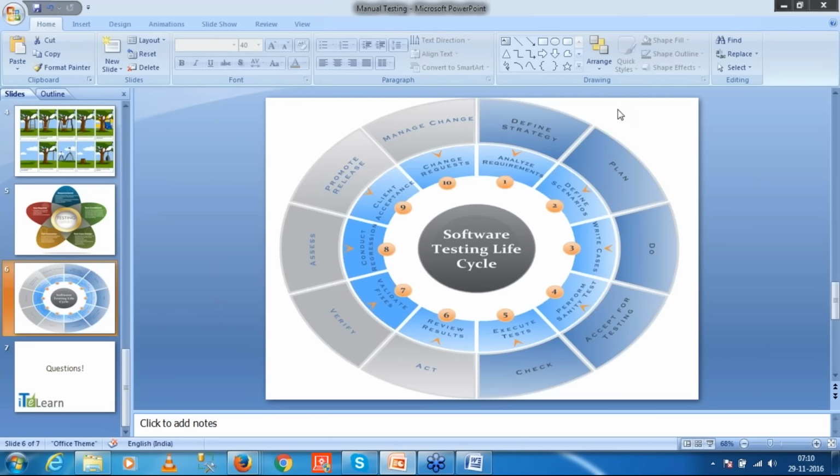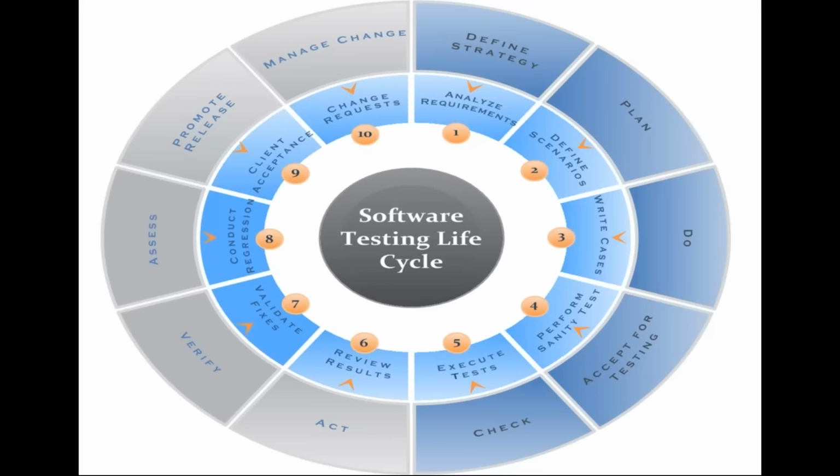See, as part of this training, there are 10 core areas that any tester should be ready with while they are into software testing. These are the 10 that are mentioned here. You need to be ready with the strategy that you want to use while testing.